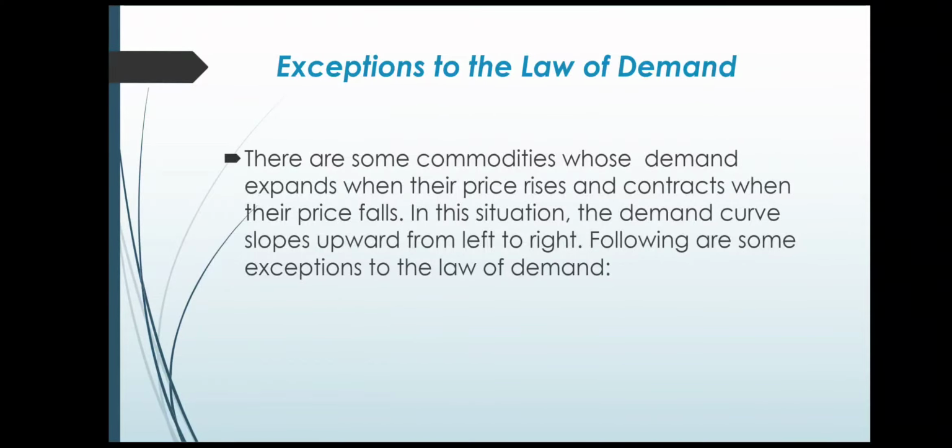In this situation, the demand curve slopes upward from left to right. Following are some exceptions to the law of demand. So there are few exceptions that have been mentioned. Let us go through it and then we will see how demand curve for exceptions are made.